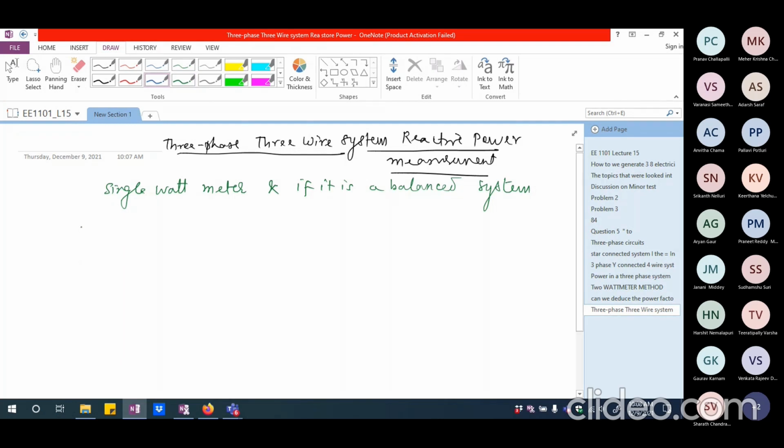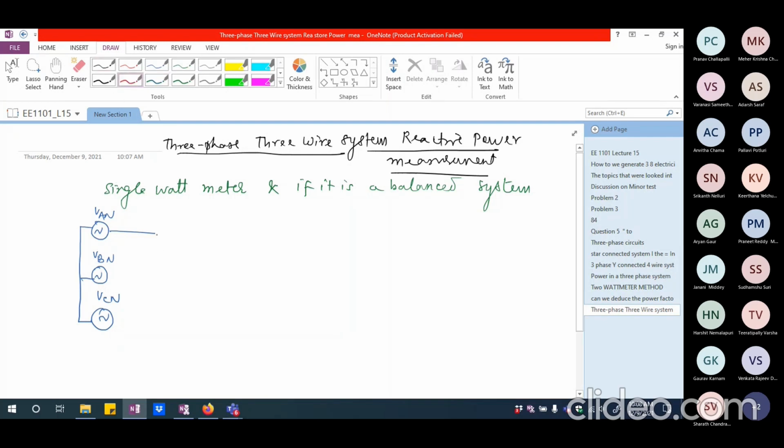So let us see again. Let's say I have this as the A phase voltage, this as the B phase voltage, and this as the C phase voltage. So these are the three phase voltages. Now I'm going to have, let's say, a wattmeter. The wattmeter will have one current coil and one pressure coil.